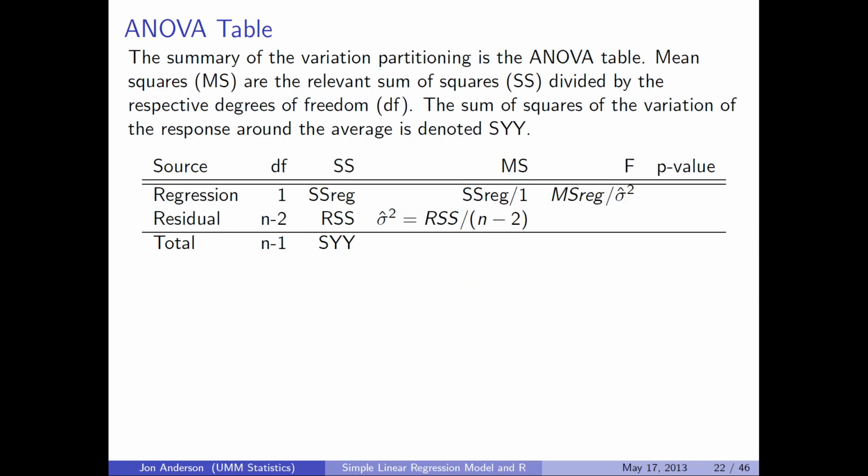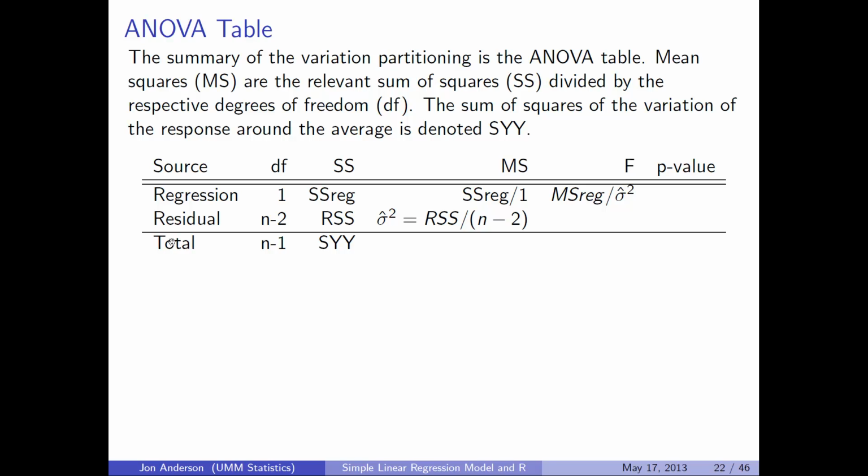And this partitioning is often summarized in what is called an ANOVA table. And all ANOVA tables basically have this same form. We have a line for the regression model portion, and we have a row for the residual portion, and then it makes a total altogether.